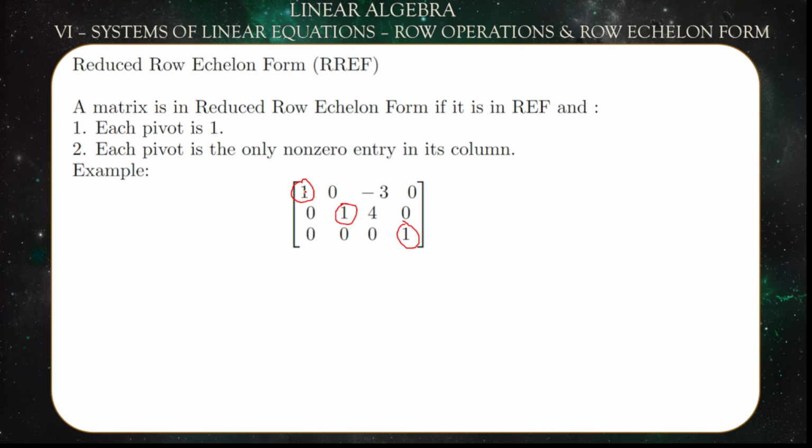Because under each of these entries, all the other values are 0. It is the only non-zero entry in its column, which is correct. Not only that, all the values below this one are 0, but also the values above. So it is the only value within the column that is different than 0.